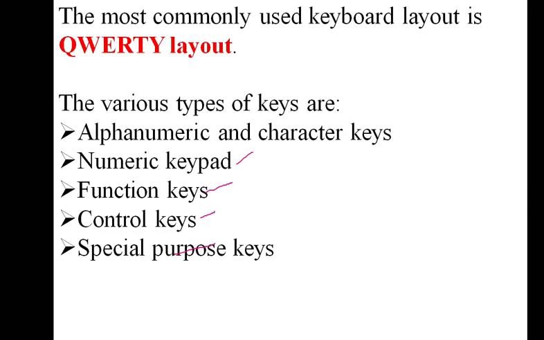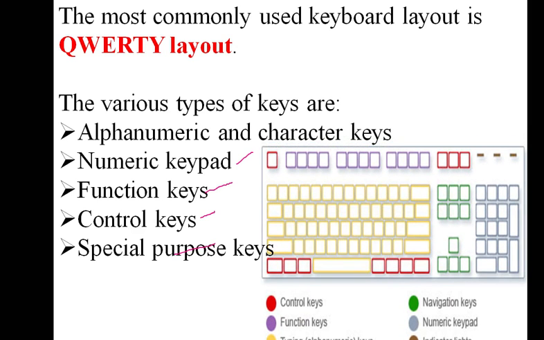Okay, see here. These we can call function keys, and this keyboard contains a total of 104 keys plus 12 function keys. And this we can call the numeric keypad.